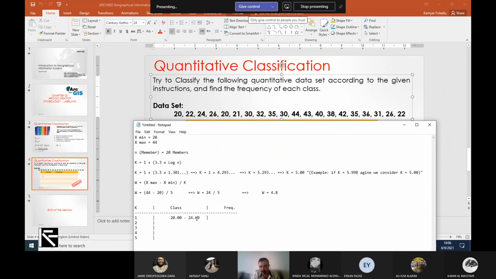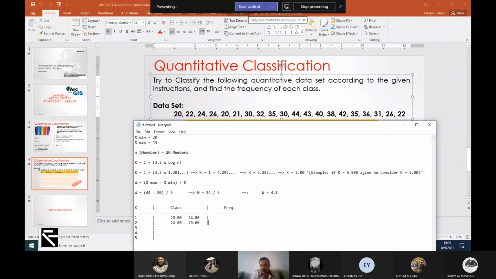Now, the next number, this one coming down, we would say 24.80 plus again our interval, which is 4.8, which is 29.6, I think. Is it correct? Just one of you also check with me.